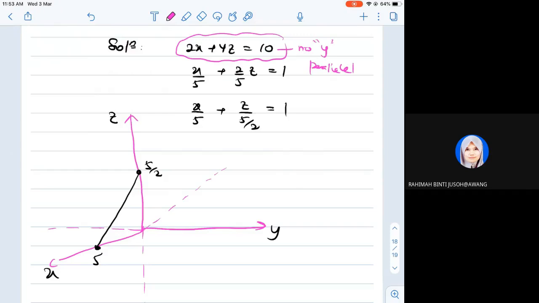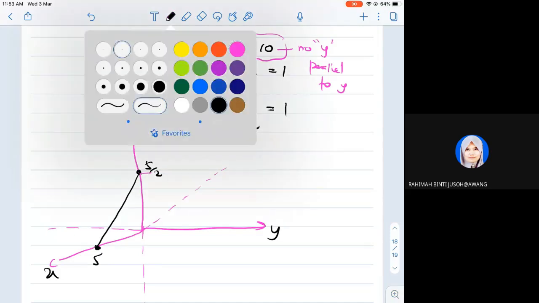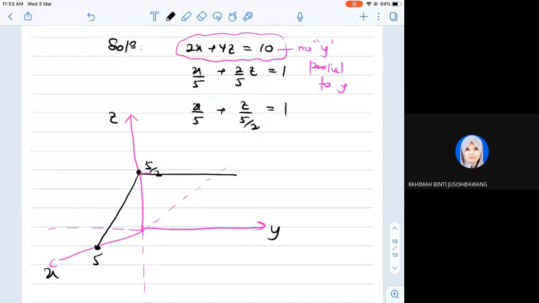Parallel to Y. Along Y is this. So tariklah. You tarik je sepanjang paksi Y. You nak tarik belah kanan boleh, nak tarik belah kiri boleh, nak tarik dua-dua pun boleh. Tak kisah. Okay. Kalau you tarik on the right means we just sketch portion of the plane. Kalau you nak tarik belah kanan, so jadilah macam ni.